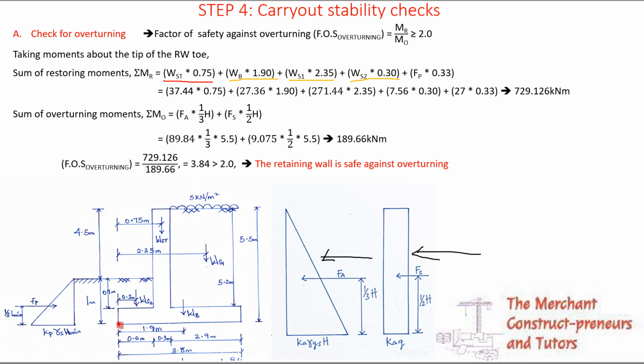So we now have this force multiplied by the height, and the height to the tip is 1/3 h min, 0.333. That's the reason why we have it as this. I hope you understand. So when we break down this and calculate, we have this value.